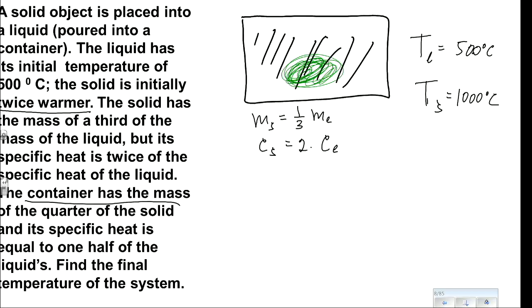So, the mass of the container is equal to 1/4 of the mass of the solid object, and the specific heat of the container is equal to 1/2 of the specific heat of the liquid in it. And there is nothing said about the initial temperature of the container. Those are the initial temperatures.